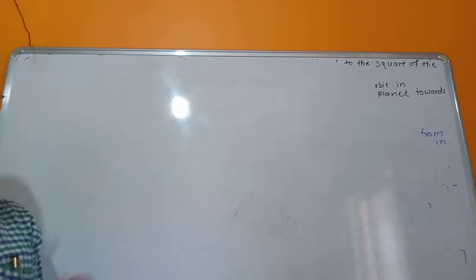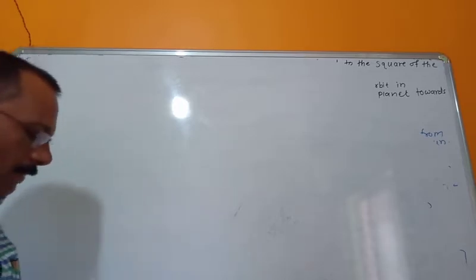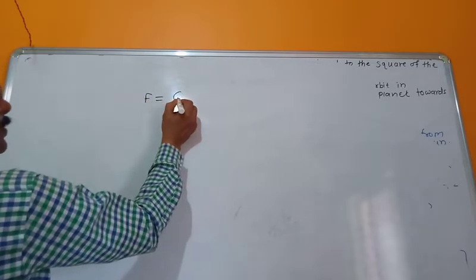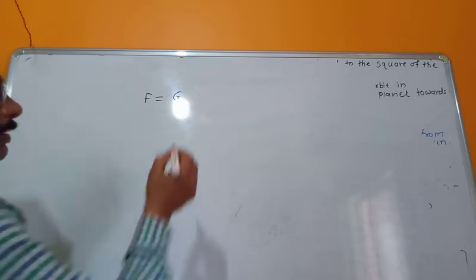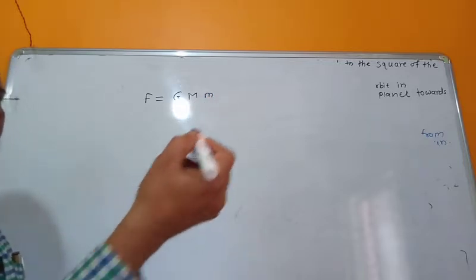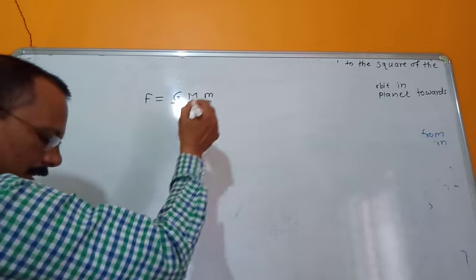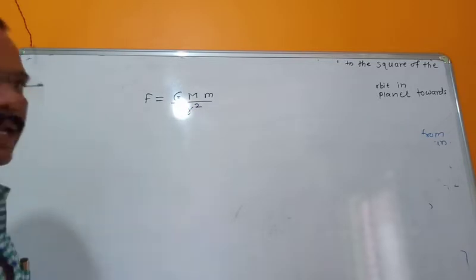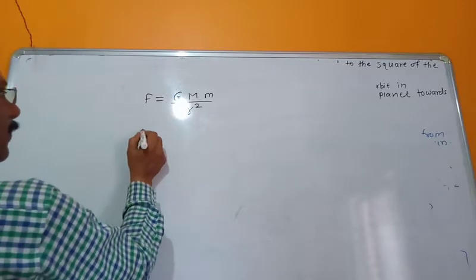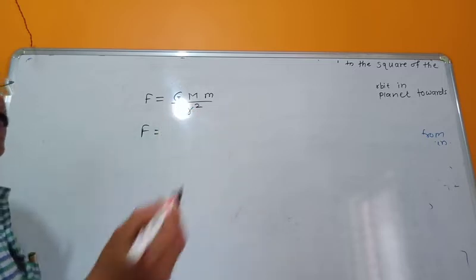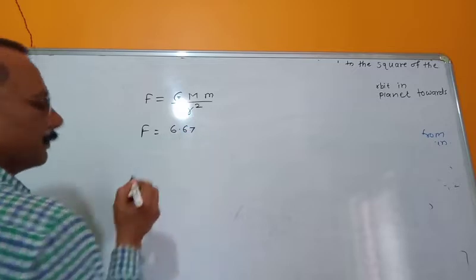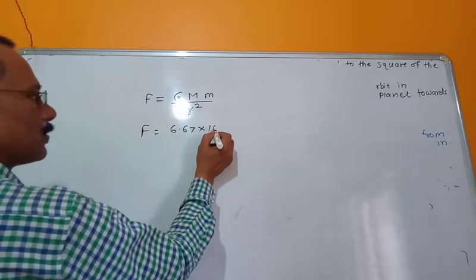The theorem is F equal to G M m by r square. Here G is the universal gravitational constant, M is the mass of the earth, and m is the mass of any object, and r is the distance between the two. This is the universal gravitational law. G, the universal gravitational constant, is 6.67 into 10 raised to minus 11.